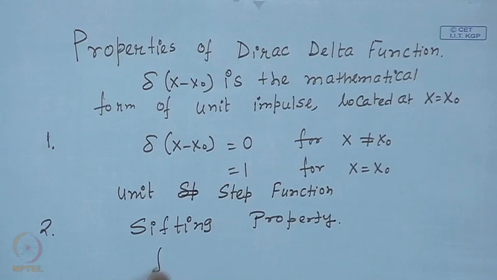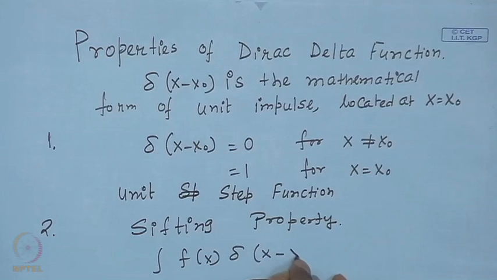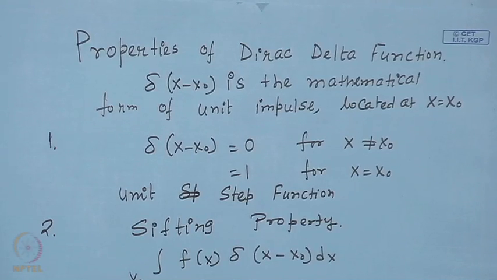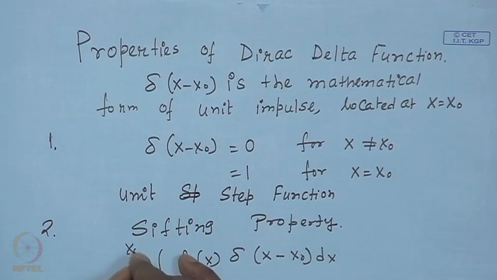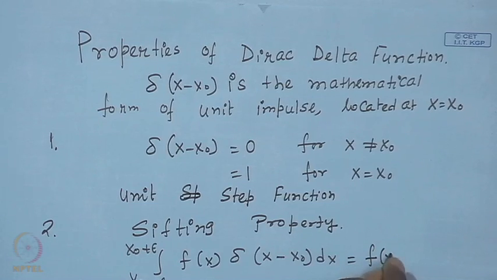This is the integral of f(x) delta(x minus x0) dx over the domain x0 minus epsilon to x0 plus epsilon. This will be simply f(x0).